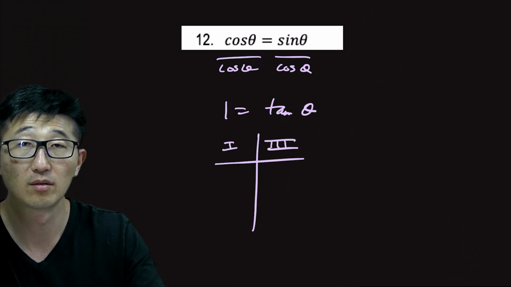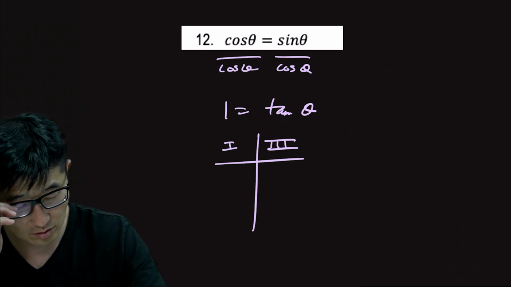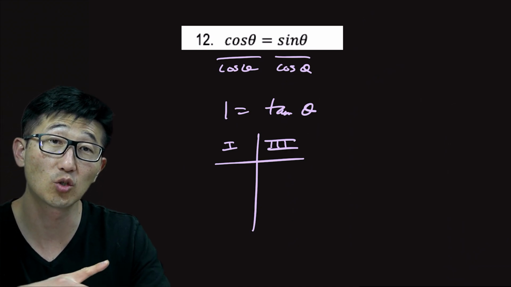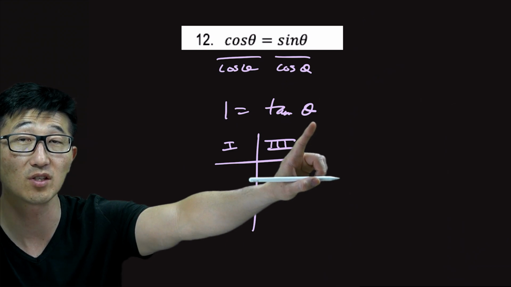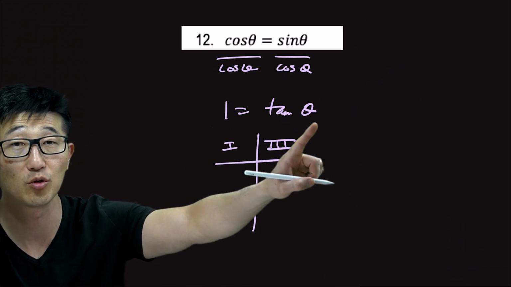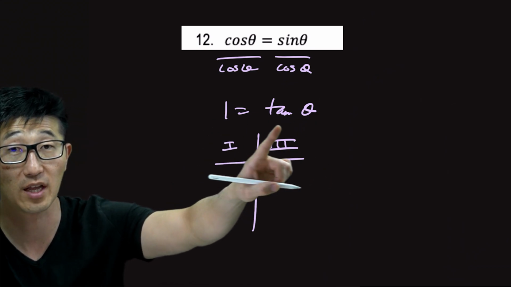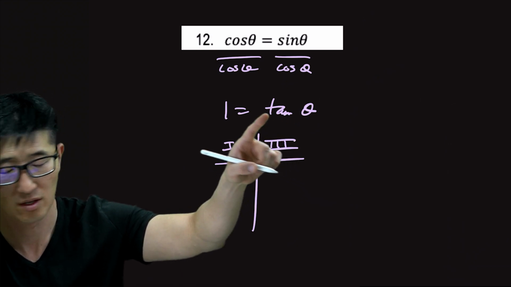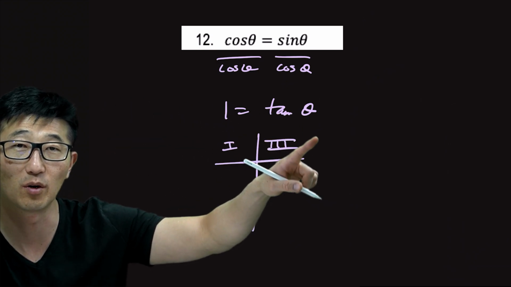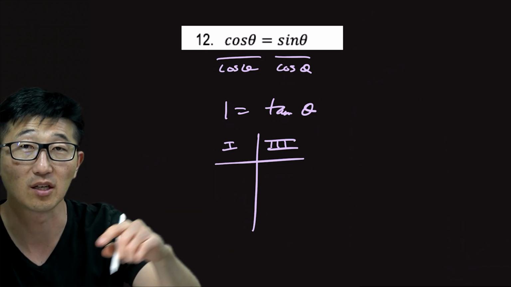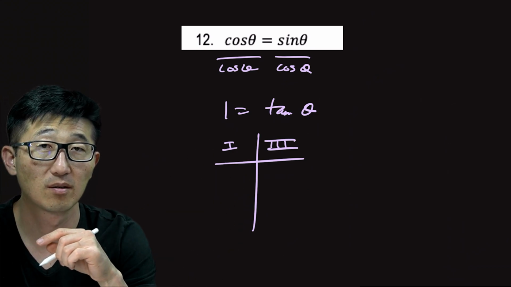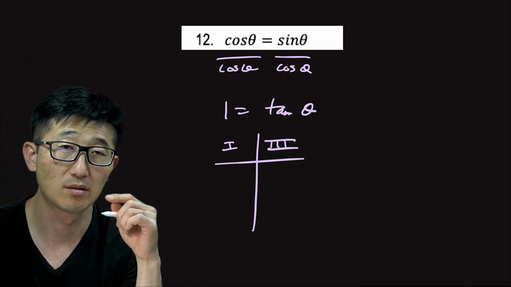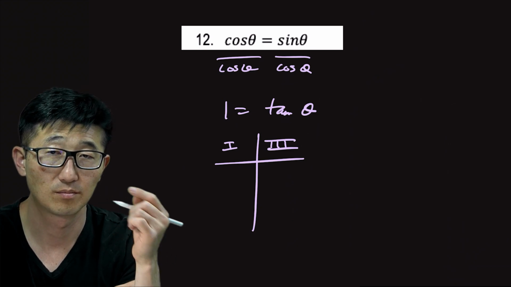It's positive in quadrant 1 and quadrant 3. Good. Now in quadrant 1, tangent of what angle produces a 1? Look at your chart. 45 degrees, so pi over 4.